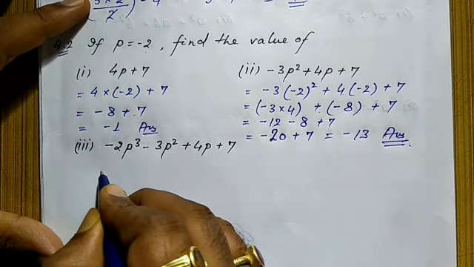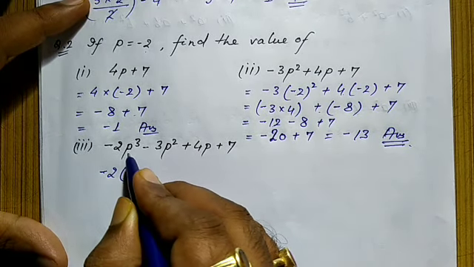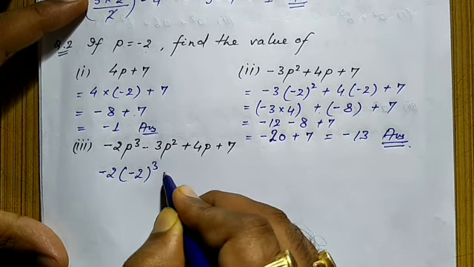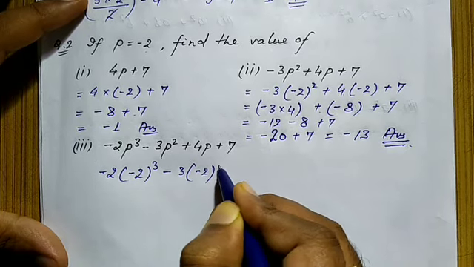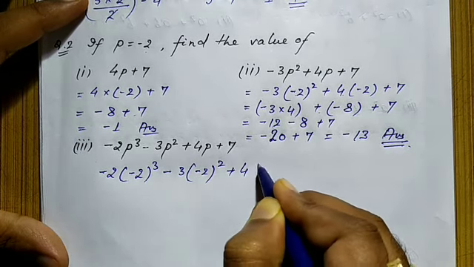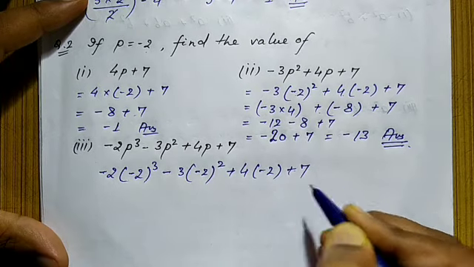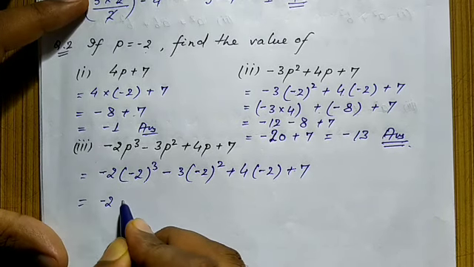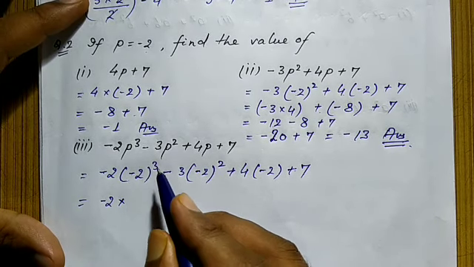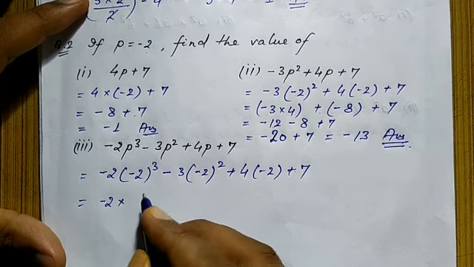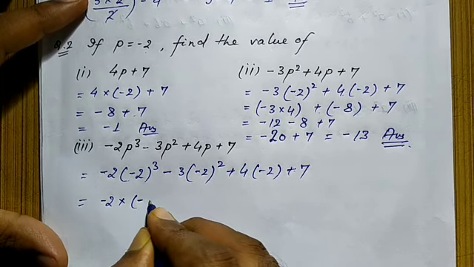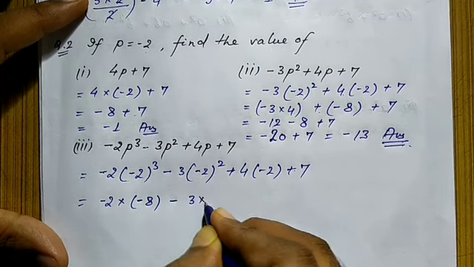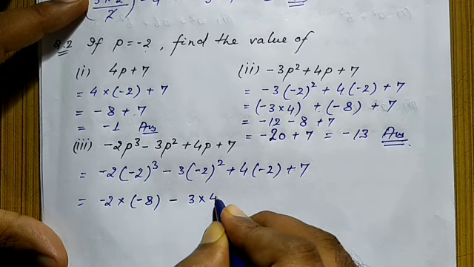Here next one, minus 2 into what? p. What is the value of p? Minus 2 whole cube minus 3 into minus 2 whole square plus 4 into minus 2 plus 7. Okay, now minus 2 whole cube, that will become minus 8, so minus 2 into minus 8 is plus 16. Okay, here minus 3 into minus 2 whole square, that will become 4, so minus 12.